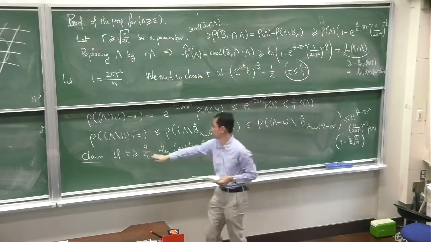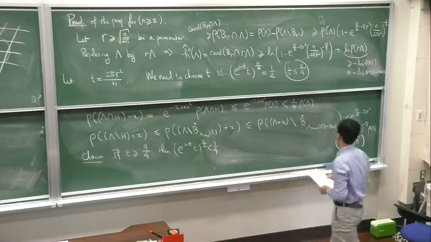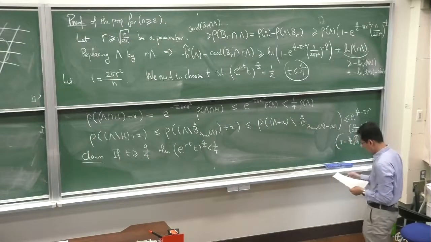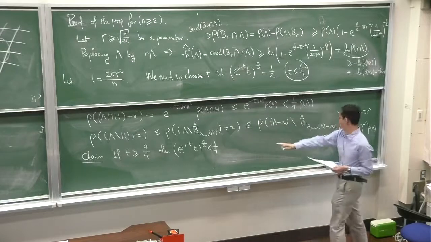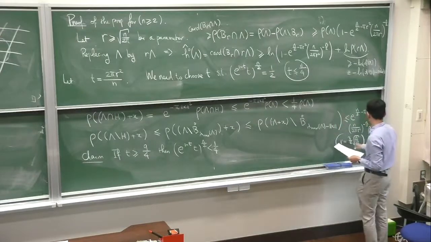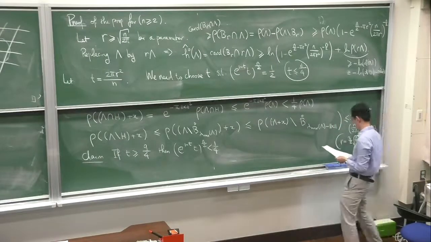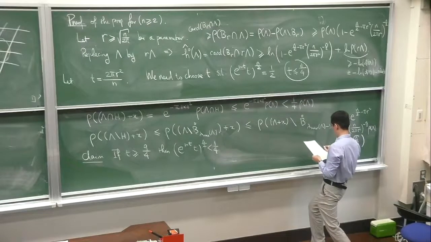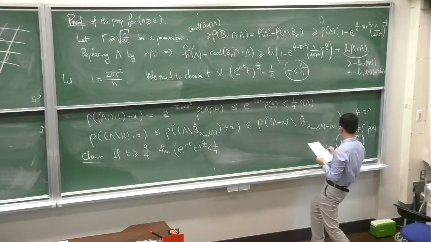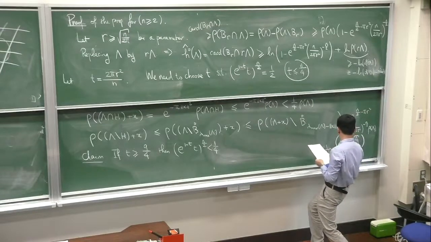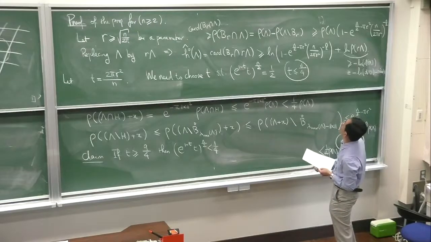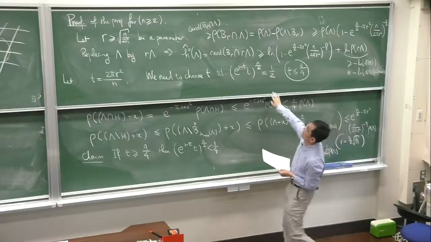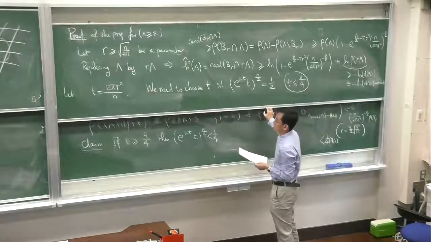So instead of 11/4, I need t bigger than that over 4. Now if you apply this, and you know that r is like this, you make a change of variable, and you find this one is less than 1/4 rho of lambda.